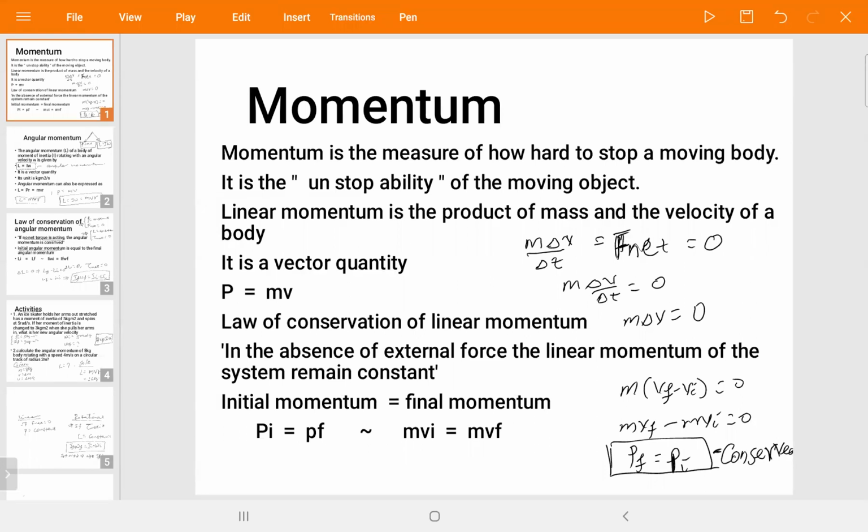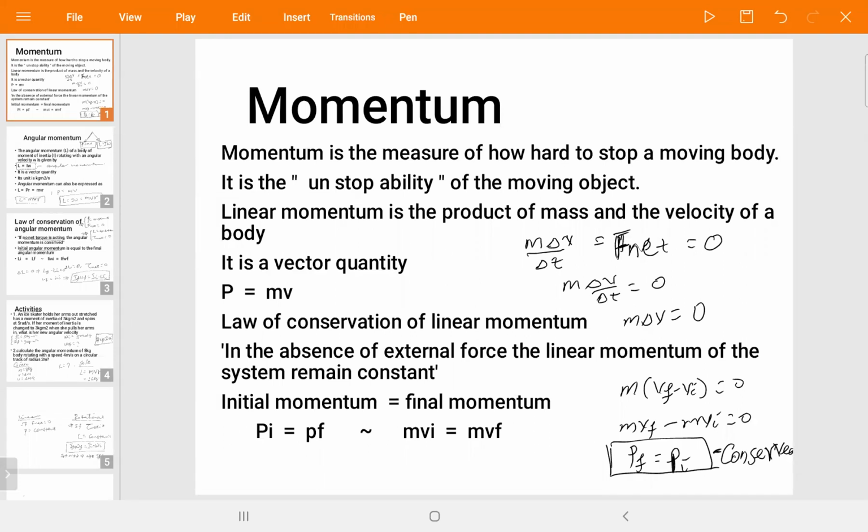Whether there are two bodies in a system or more than two bodies in a system, before collision and after collision, the magnitude of momentum of the system remains constant. Not the individual bodies, but the system, and the magnitude will not change.